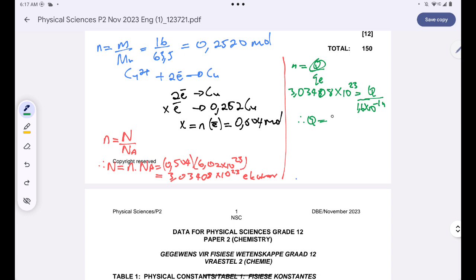So the charge that I'll get is 48,545.28 coulombs.